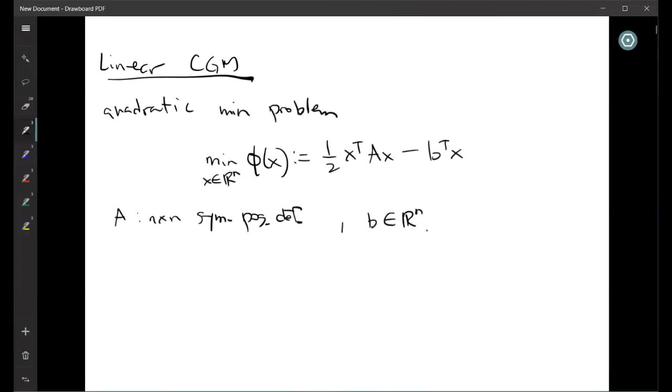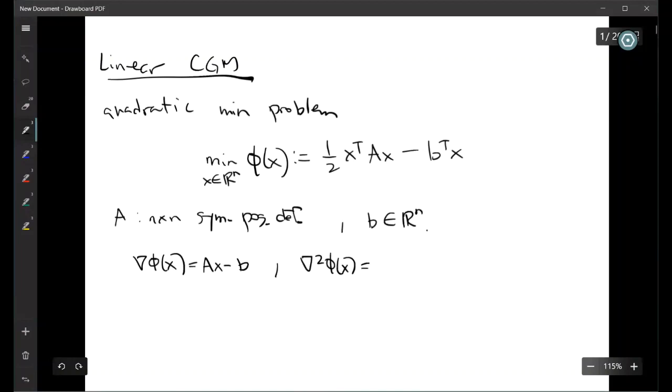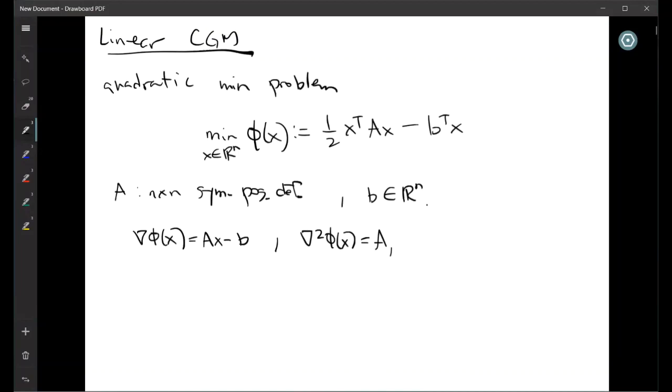And in the previous lectures, we know that the gradient of P at x is just Ax minus b, and the Hessian of P is just the matrix A. And from the assumptions on A, we know that P of x is strictly convex.